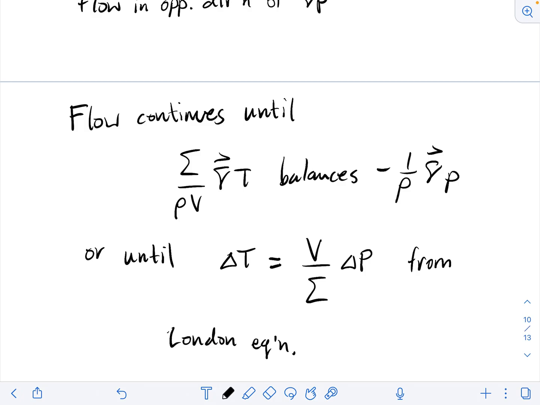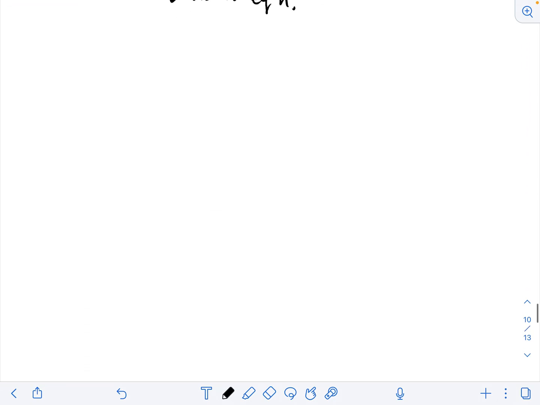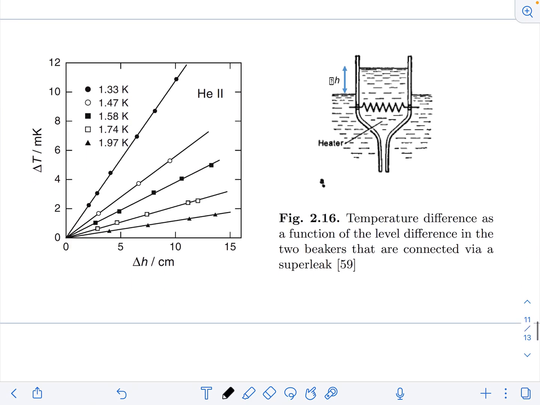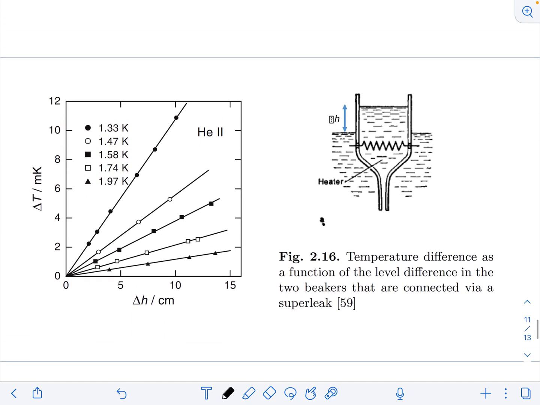Okay, and people have done these experiments. Here is an analogous setup where what they have is kind of like an inverted beaker with an opening at the bottom, dipped into helium-2. Instead of applying a pressure, they turned on a heater to increase the temperature inside the beaker.